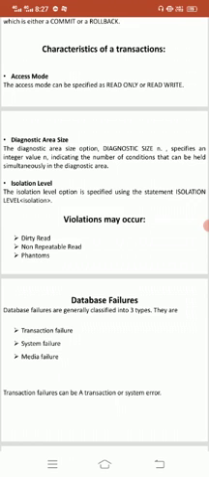The diagnostic area size option, diagnostic size n, specifies an integer value n indicating the number of conditions that can be held simultaneously in the diagnostic area.